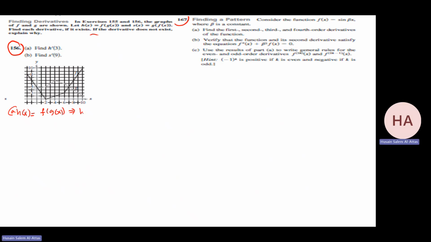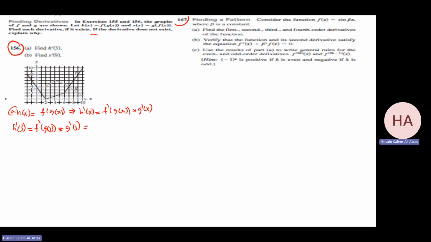That implies h prime at x is f prime at g of x times g prime of x. Now h prime at 3 will be what? f prime at g at 3 times g prime at 3. Okay. What is g at 3?